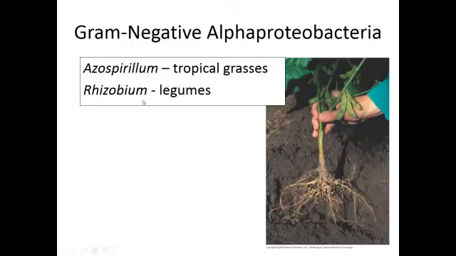So let's talk about Rhizobium, which is found in legumes, because that's the one that you're probably most familiar with. They're common soil bacteria, but legumes, like soybean plants or peas or beans other than green beans, alfalfa, send out signals saying, hey, I'm here and I would like to host you.